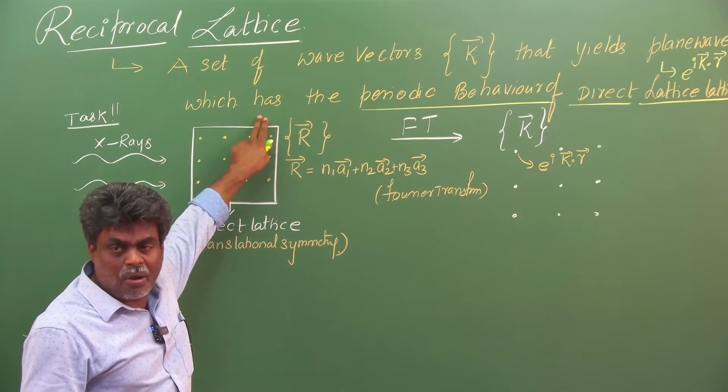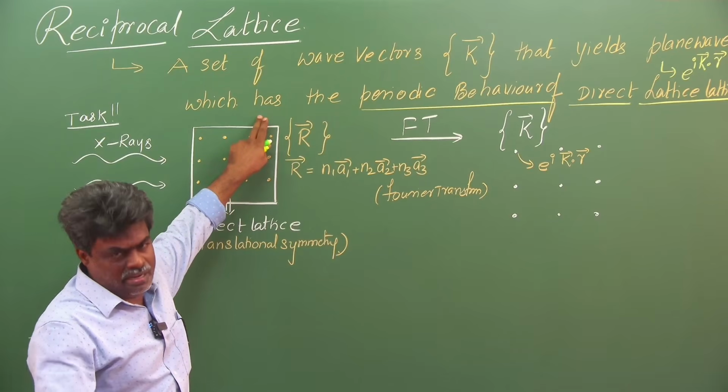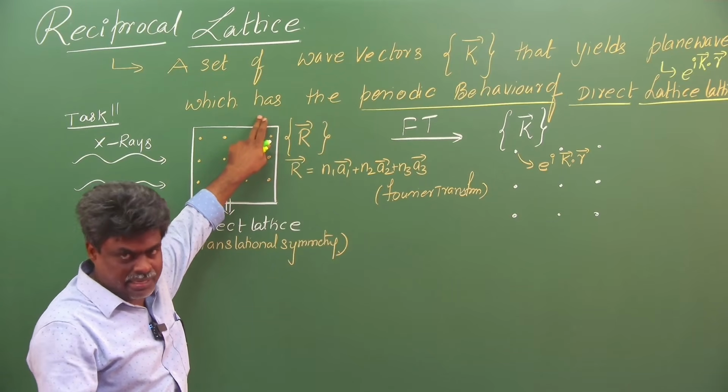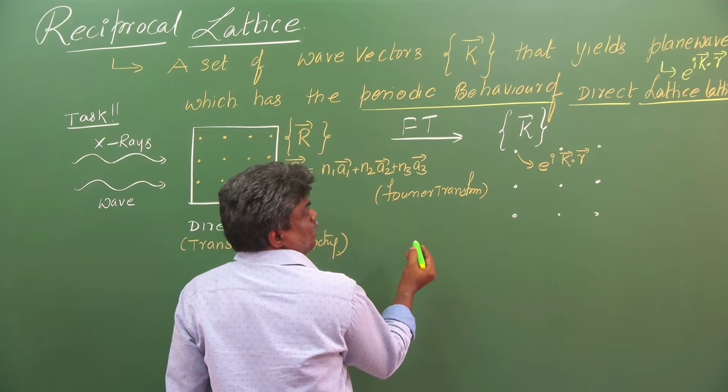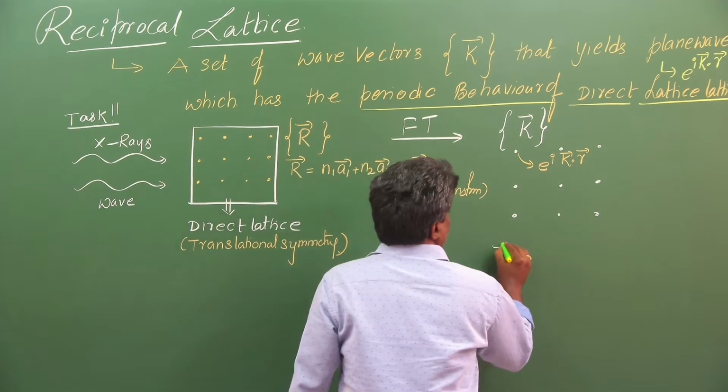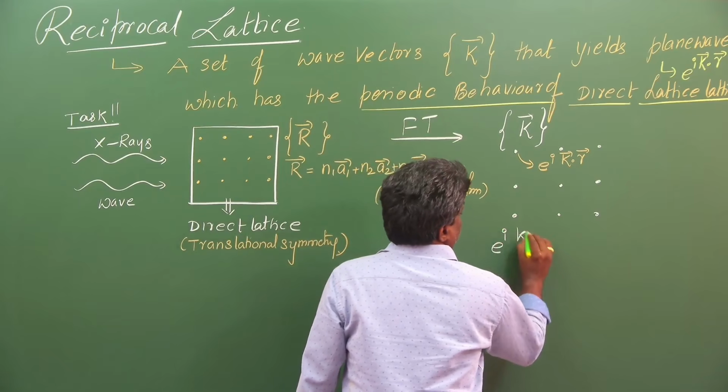The periodic behavior of the direct lattice. Any word you can use. What is that periodic behavior? Everybody, are you observing the board? E raised to i k bar dot r bar.